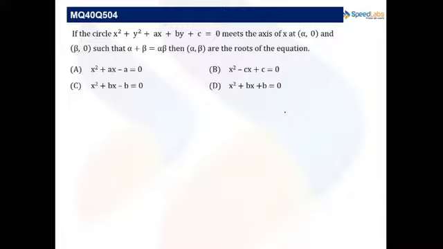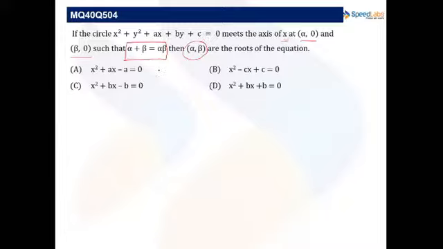Our next question is, if the circle x square plus y square plus ax plus by plus c equals 0 meets the x axis at 2 points (alpha, 0) and (beta, 0), and it is given that alpha plus beta equals alpha beta, then we need to find the quadratic equation whose roots are alpha and beta.